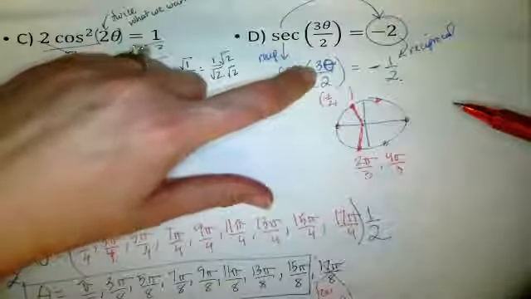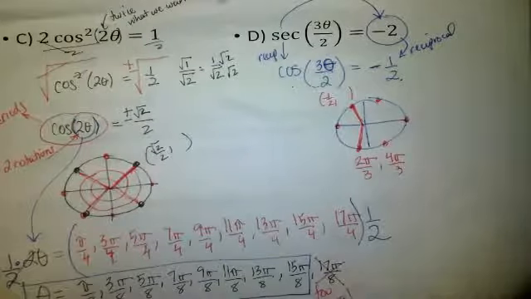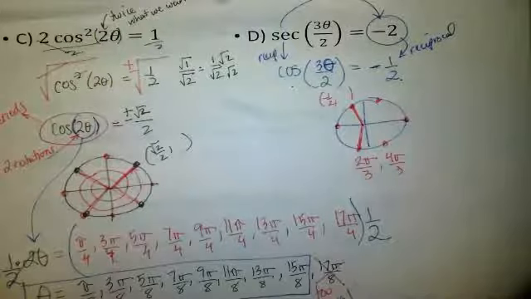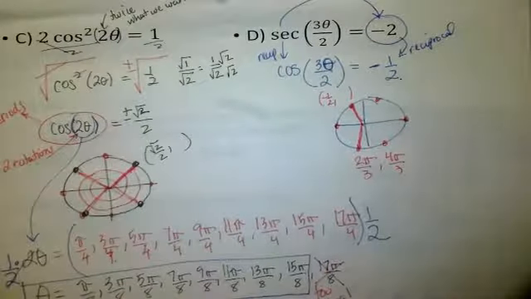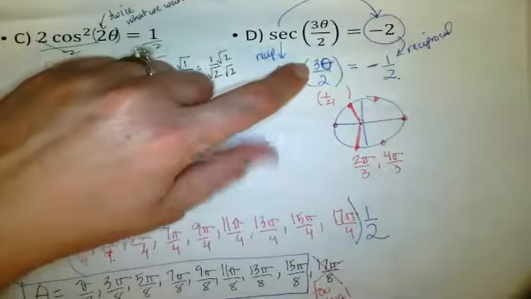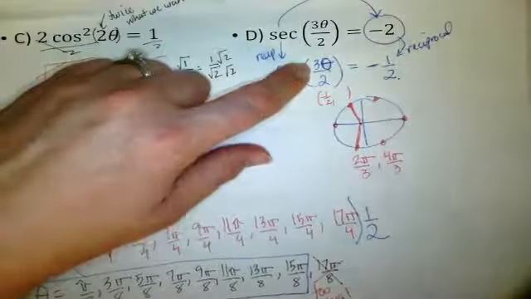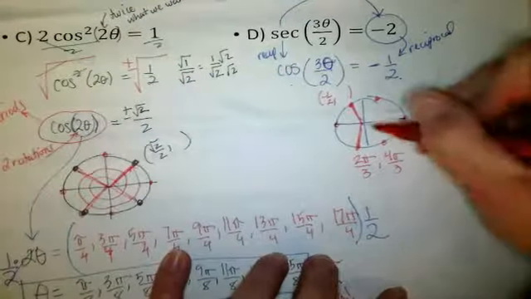How many times do we need to go around the circle? 1.5 times there, yeah. I don't really know, but 3 over 2 is 1.5, right? So that's 1.5. Then I'm going to count a little bit further.